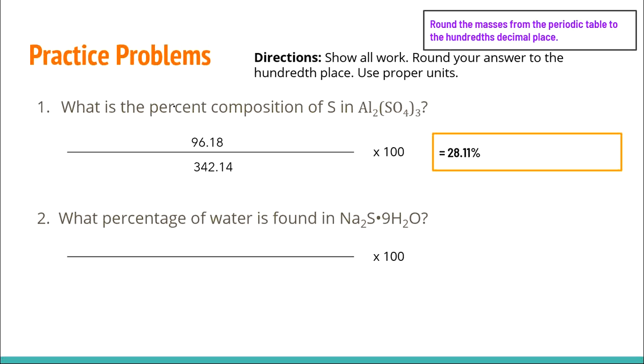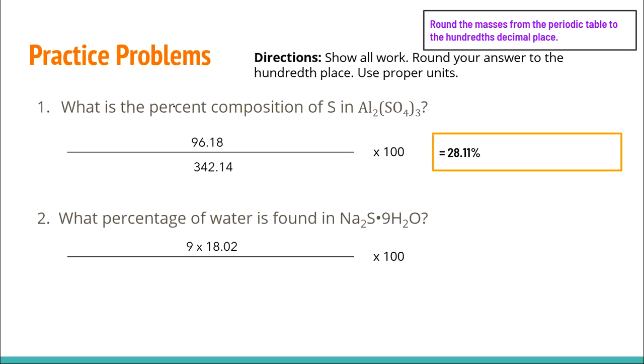Last problem. What percentage of water is found in sodium sulfide hydrate? Remember that a hydrate means that there are water crystals that are attached to the ionic compound. I know in math class that dot means that you multiply, but in this case, really, you're just adding the masses of the water. So, because I want to find the percentage of water, and there are 9 water molecules here, I'm going to do 9 times 18.02, because the entire molar mass of water is 18.02.